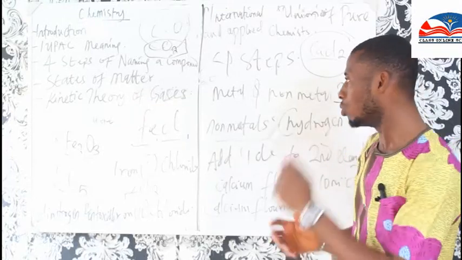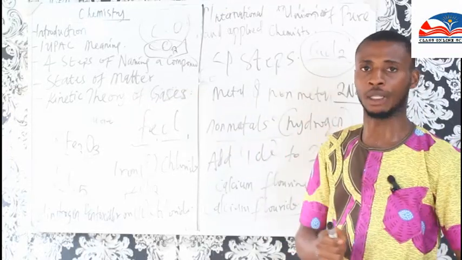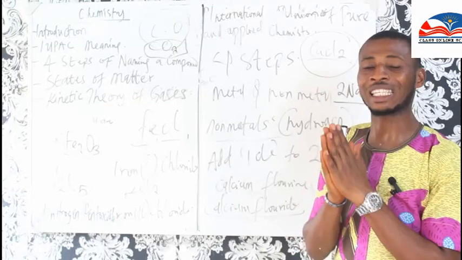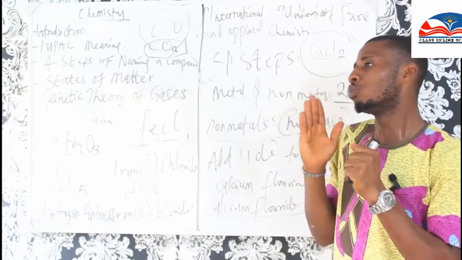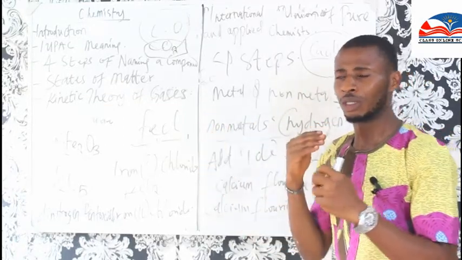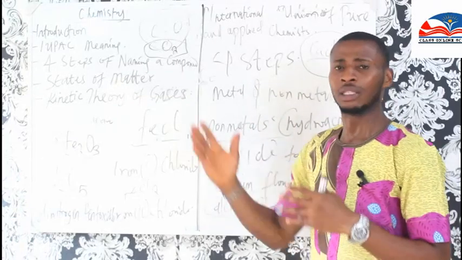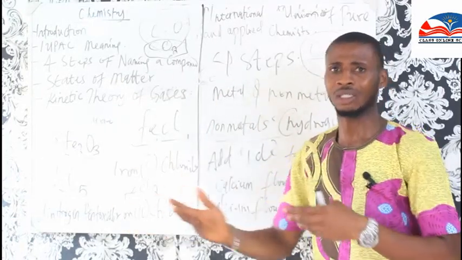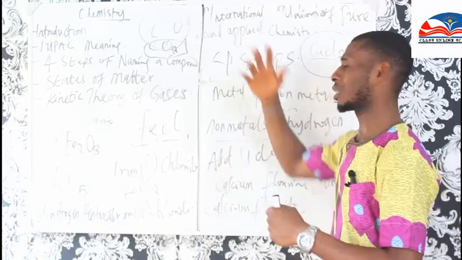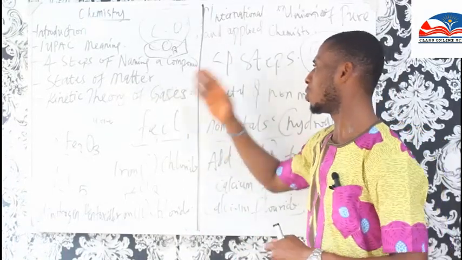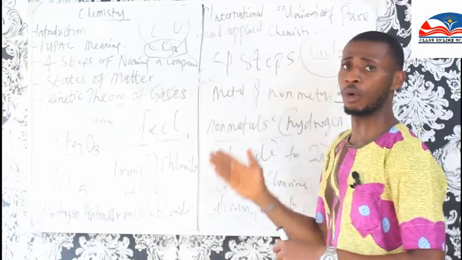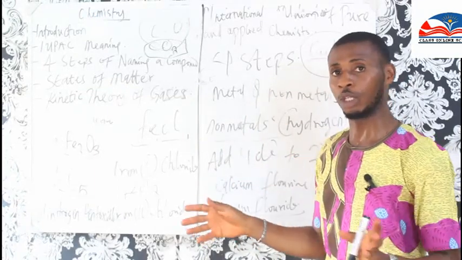There is no need of putting mono in the first element. The first element should be from 2 upwards. That's why I have trioxocarbonate. Now tetraoxosulfate we have from 2 upwards. The 1 is not mentioned.